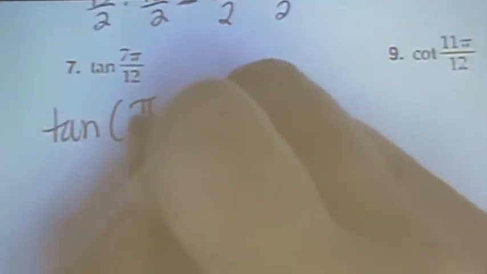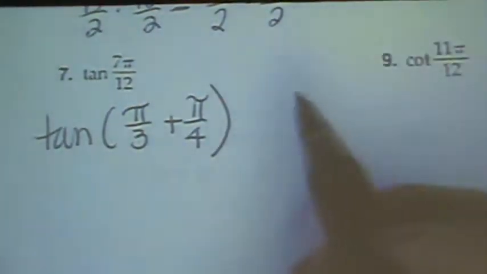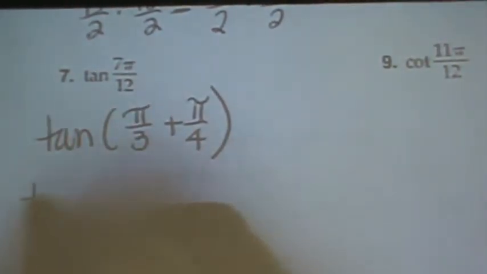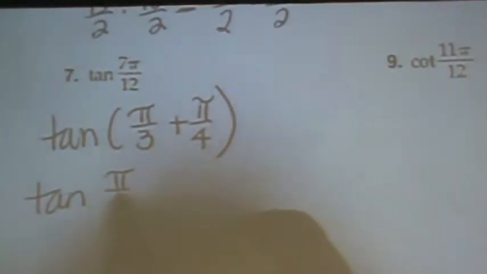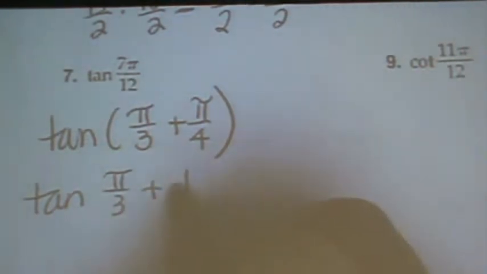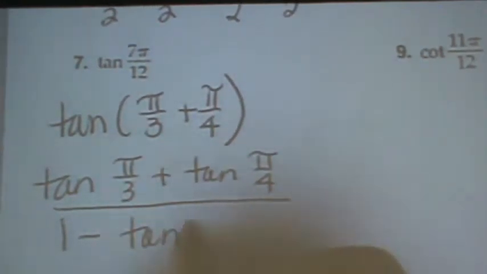So let's think about that. 7 pi over 12 would be tangent of pi over 3 plus pi over 4. The identity says, take the tangent of the first angle plus the tangent of the second angle over 1 minus the product of these two.